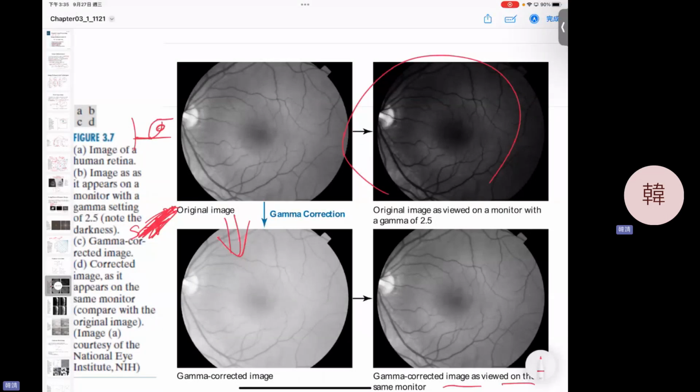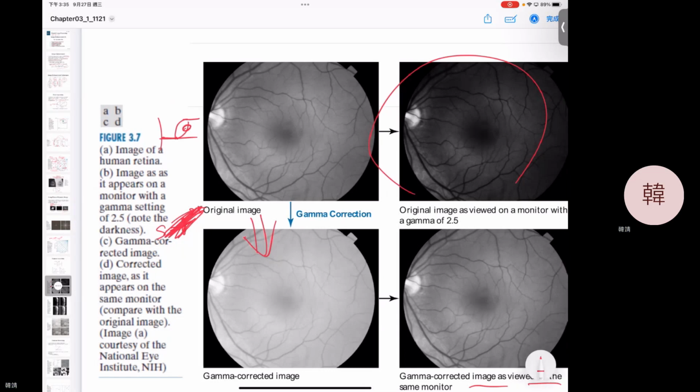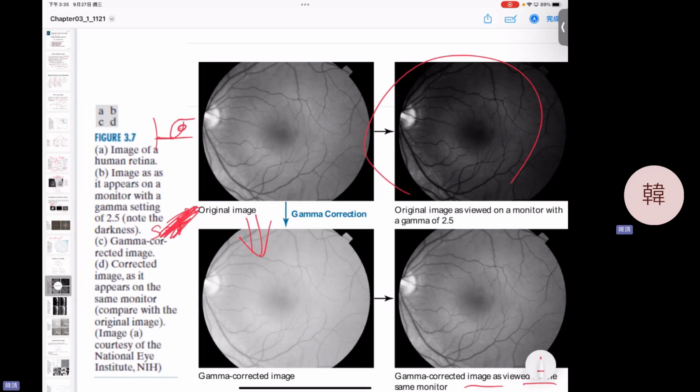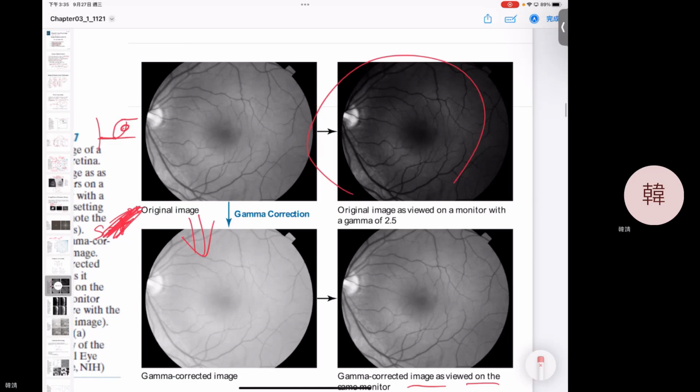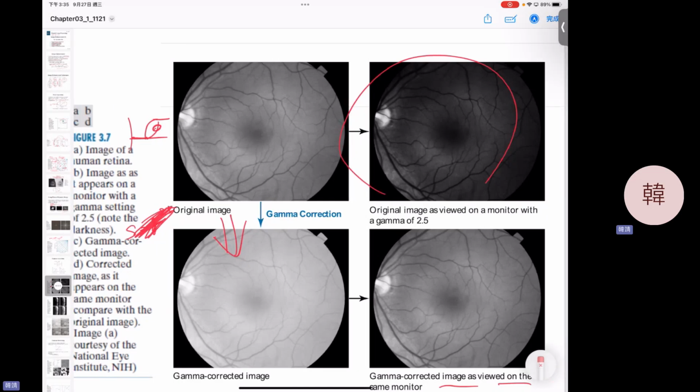For the monitor we always have a gamma correction there. Originally it's 2.5, so if you know the value, you just take the root of that power and you will get this result immediately. Okay, so it's okay.